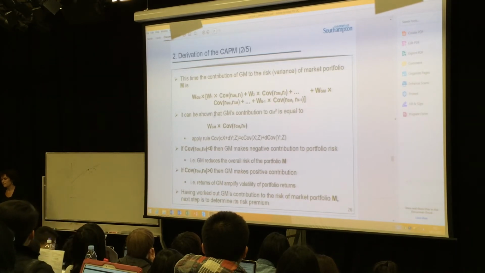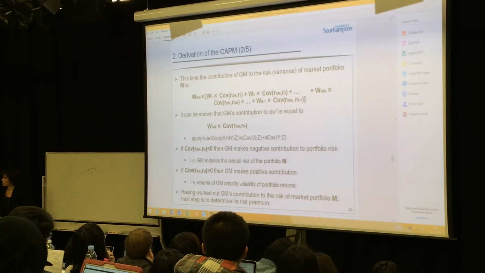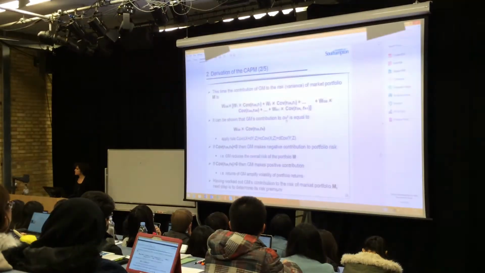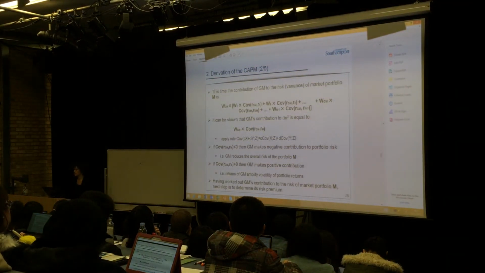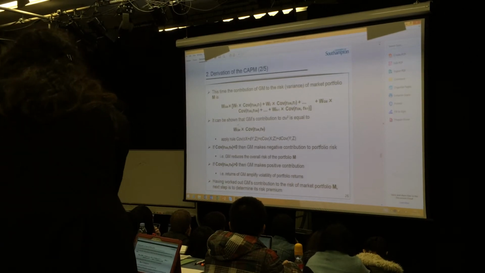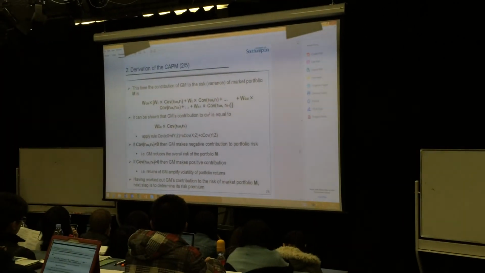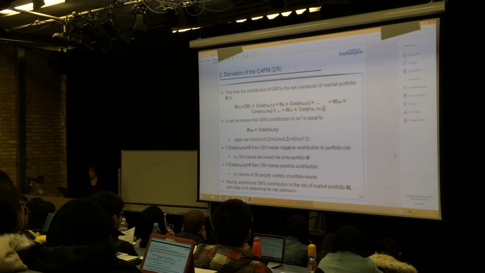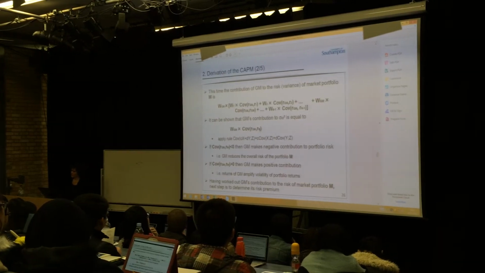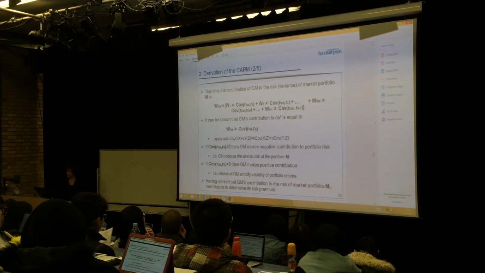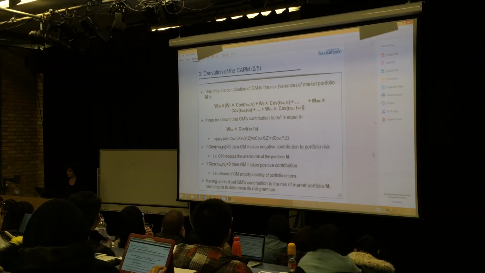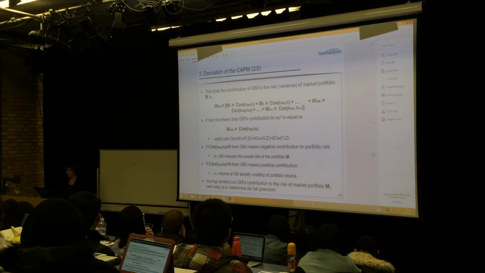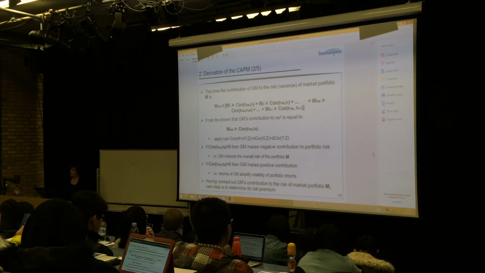And at the end, with simple algebra, it can be shown that the contribution of a specific stock, GM, to the variance of my portfolio is just equal to its weight multiplied by the covariance of my stock GM with the market portfolio.